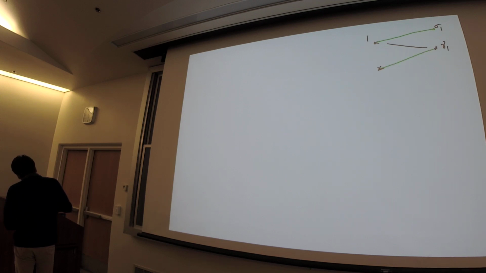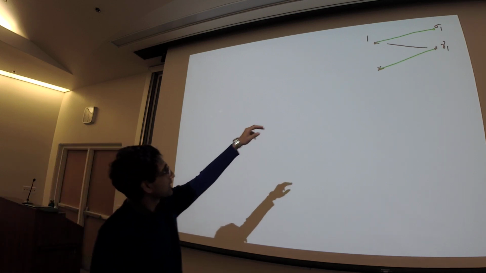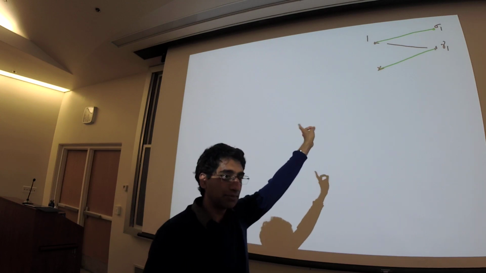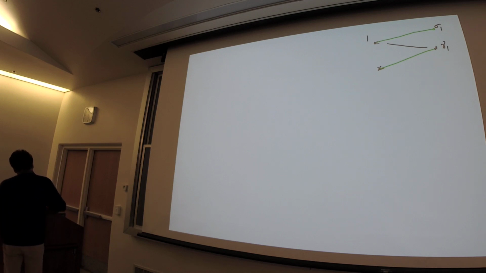And somebody else was assigned gamma 1. And by what I said before, the sum of the two green edges is at least the weight of the black edge, right? That is what we spent the last slide on.